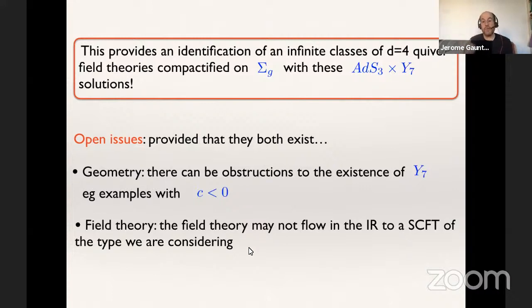Similarly, in the field theory, there's a similar open issue. If you reduce the field theory on the Riemann surface and flow to the infrared, do you really get a supersymmetric conformal field theory, or do you flow off to some gapped system or to some other infrared dynamics? Again, we don't know that. But generically, that won't happen, and generically we'll have this infinite class of examples.